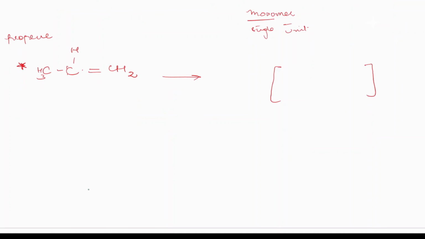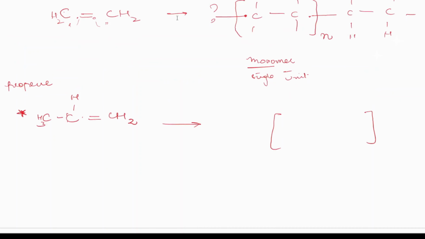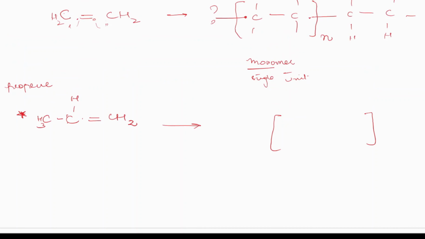So there would be a change in the carbons that have the double bond. This carbon is going to have a change and this carbon is going to have a change, right? So we are writing CH2 with H here.